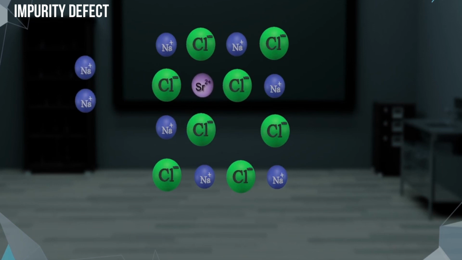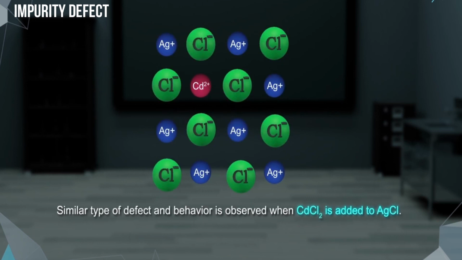During the crystallization process, some of the sodium ions are replaced by strontium ions. For every Sr2 plus ion, two Na plus ions are removed, which creates a cationic vacancy. A similar type of defect and behavior is observed when cadmium chloride is mixed with silver chloride.